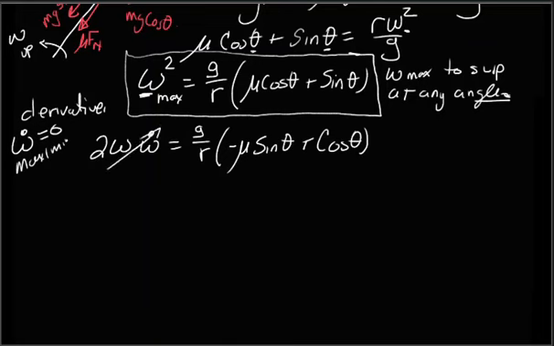So if that's 0, we can divide through by that, and we're left with just this.